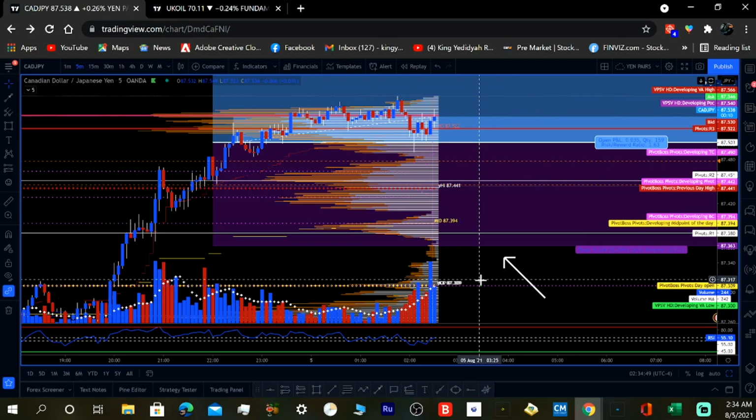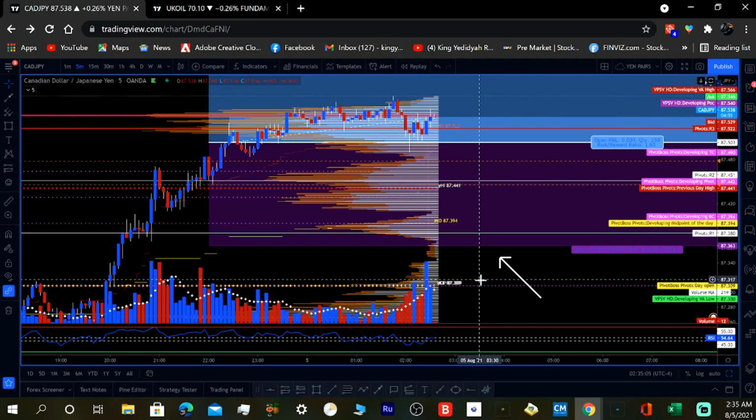Instead of thinking it's a false breakout, it could be just that big orders went in. And now that the big orders already went in, we gotta jump in a lot to make the volume match what they did.